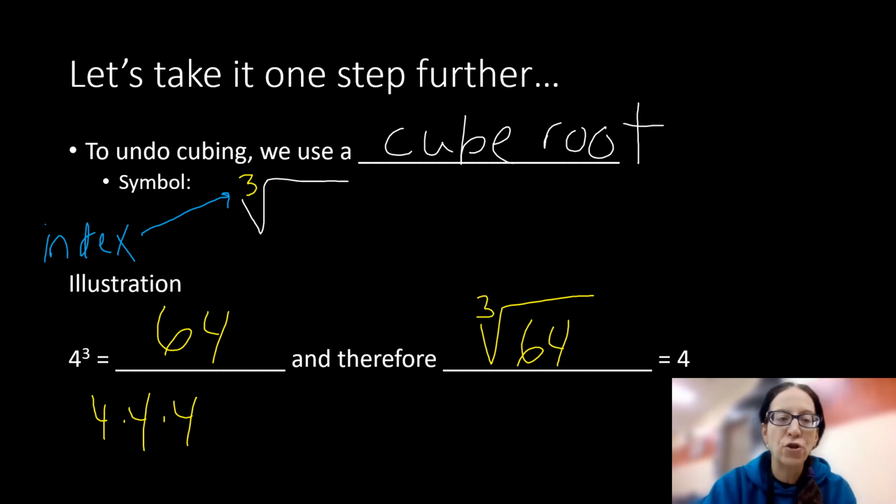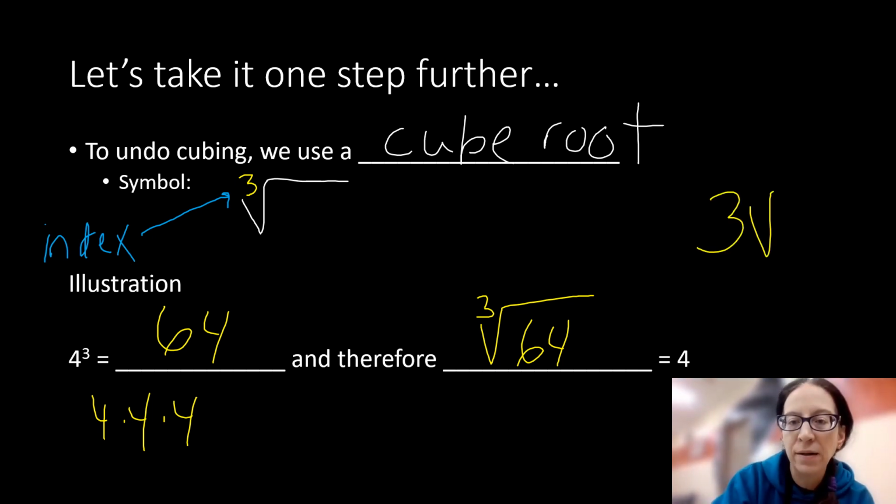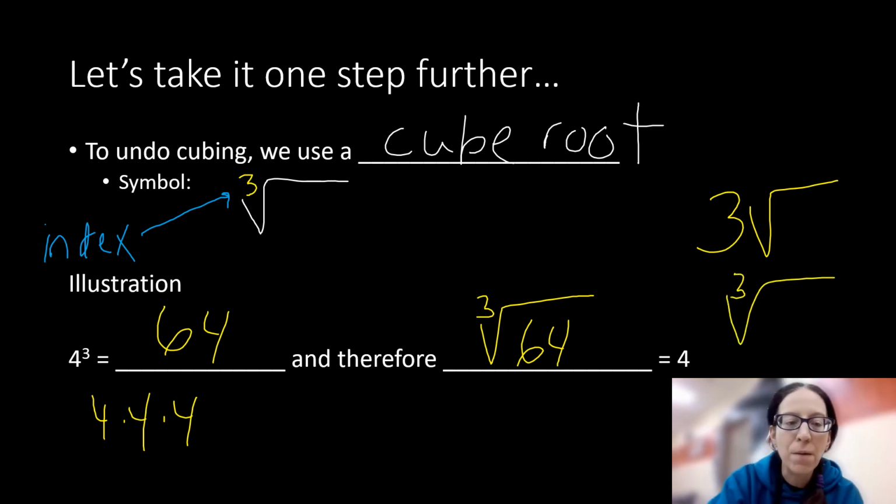Now, I want to make sure that I point out a couple things before we go any further with this: your index needs to be smaller and it needs to be written in, or just above, the little hook on your radical symbol. If you write this, that is not the same thing as this. So take a moment, pause the video if you need to, make a little bit of an extra note.